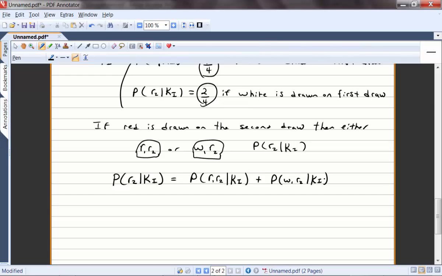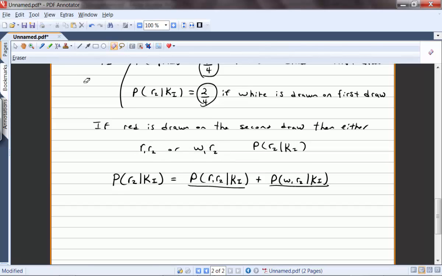And this isn't the product rule, this is just logic. That has to be true, right? Probability that red will be drawn on the second draw is the number of ways that red could be drawn on the second draw divided by the total number of ways that things could have happened, right? And that's exactly equal to these two probabilities added up, right? If red is drawn on the second draw, then either this happened or this happened. So the probability that red is drawn on the second draw is the sum of these two probabilities.